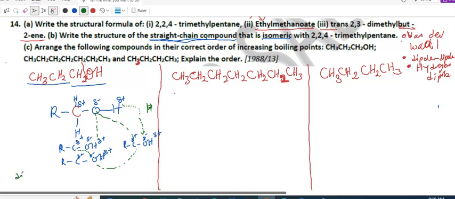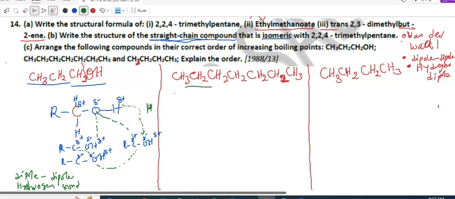So here we have dipole-dipole attraction between the molecules and also hydrogen bonds between the OH groups of the molecules. And these bonds are stronger than the van der Waals forces. The van der Waals forces exist in purely covalent molecules.